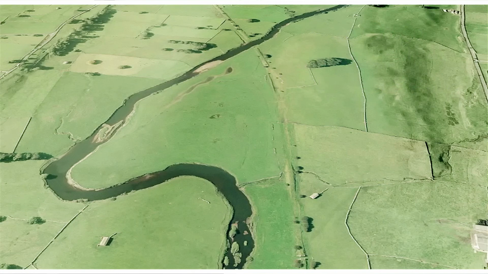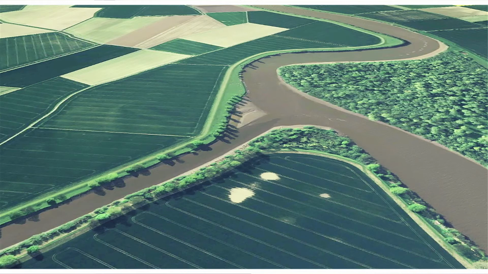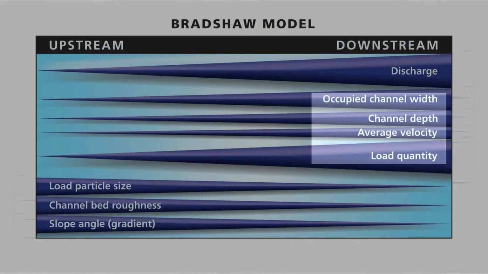The amount of water hitting the river increases. Think about your Strahler model. The amount of channel width increases, the channel depth increases, the average velocity of the river actually increases.